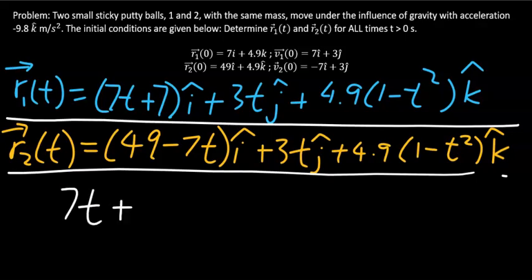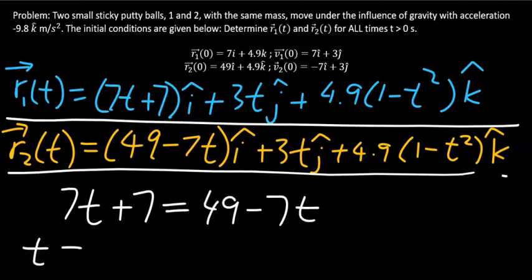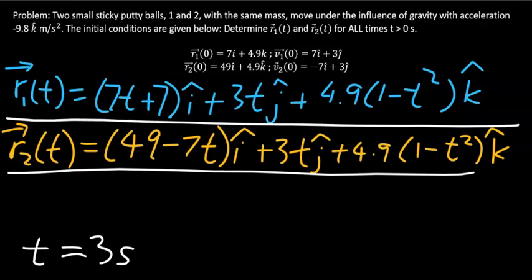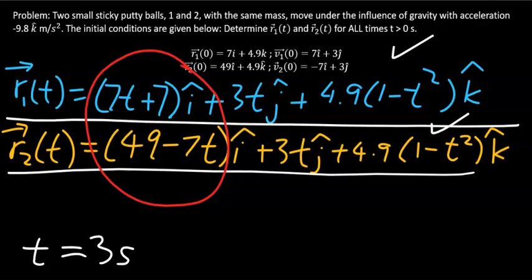So 7t plus 7 equals 49 minus 7t, which would give us t equals 3 seconds. What that means is when t is less than or equal to 3 seconds, their individual position vectors are given by these expressions. At t equals 3 seconds, they stick and they move together. And the i component of the position vector becomes 28 i hat, because that is the time when they collide and stick together, and beyond that they will move as a single particle.